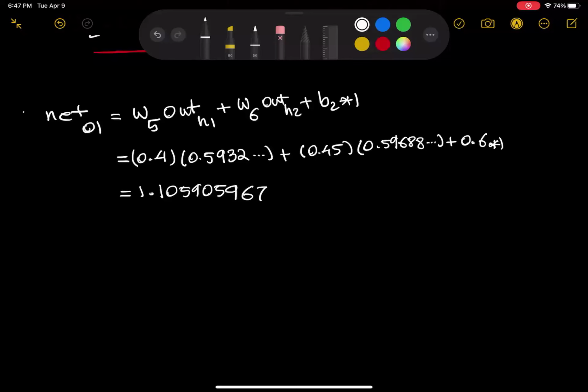0.5905967. Then you would pass it to the sigmoid function.